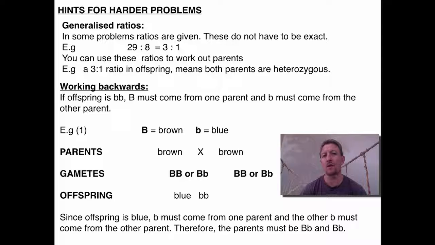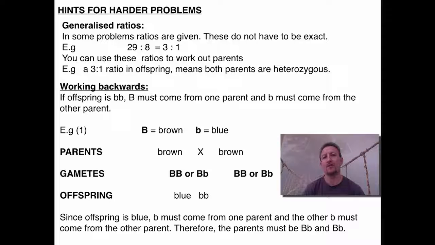The second area you can work on is you might be given an offspring and the genotype of the offspring, and be expected to explain what the parents are. So in this case you have to work backwards.